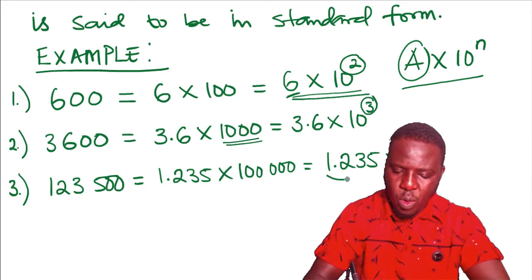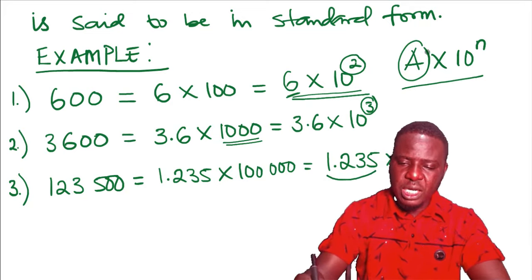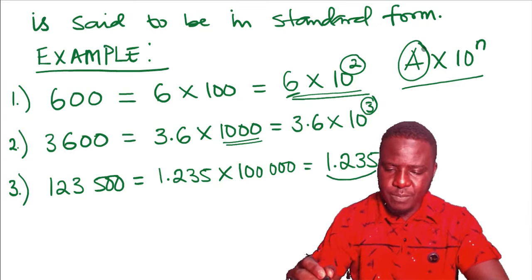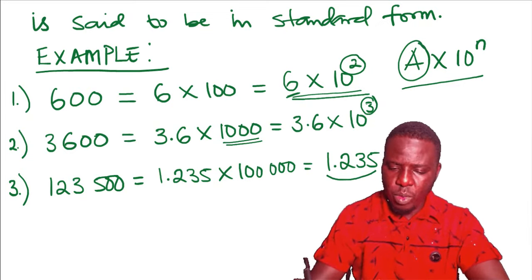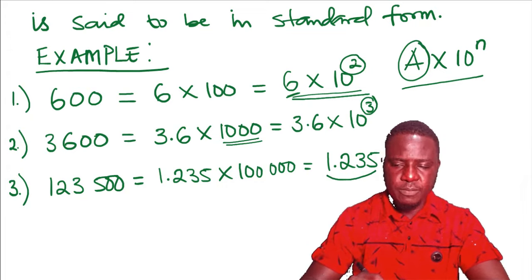Looking at it, 1.235 is also said to be a digit that falls in between 1 and 10, while 5 is said to be a positive whole number.